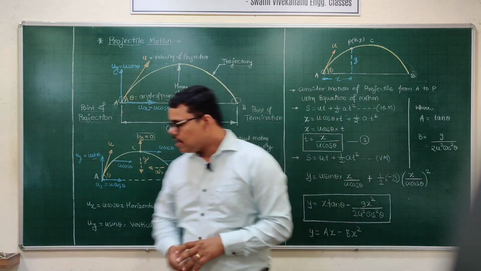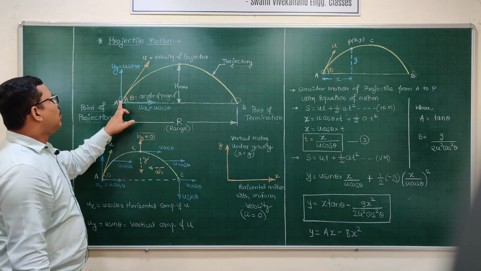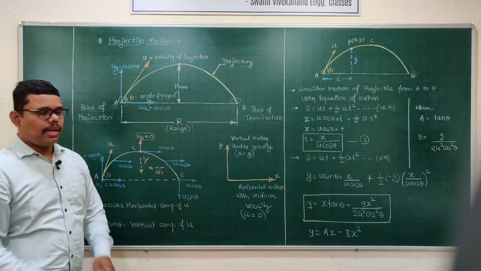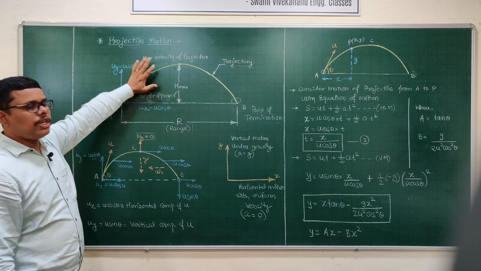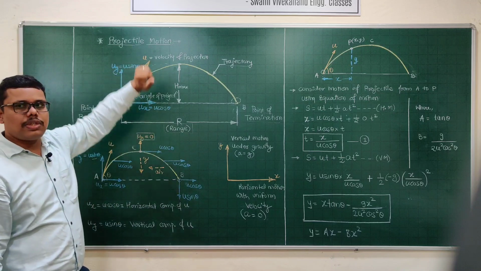Okay? Further here, our target is to show that the path followed by this projectile is parabolic in nature. Before that, we can divide this projectile motion into two direction motions, since projectile motion is a 2D motion.